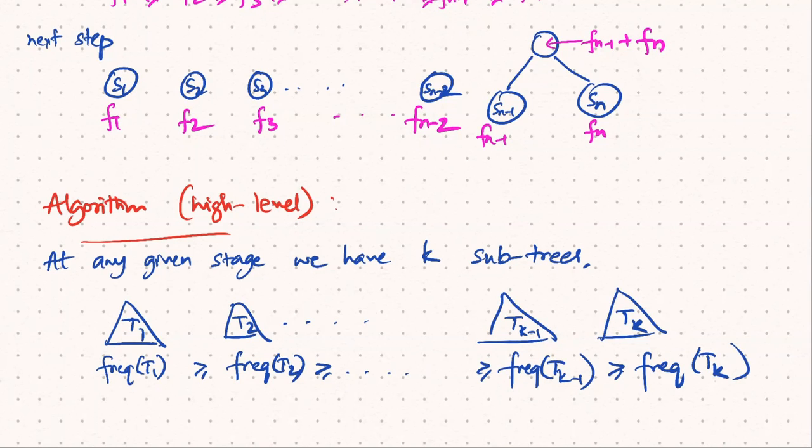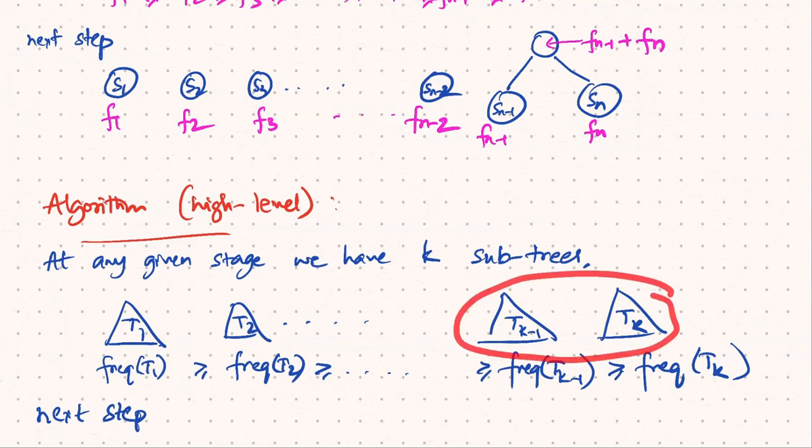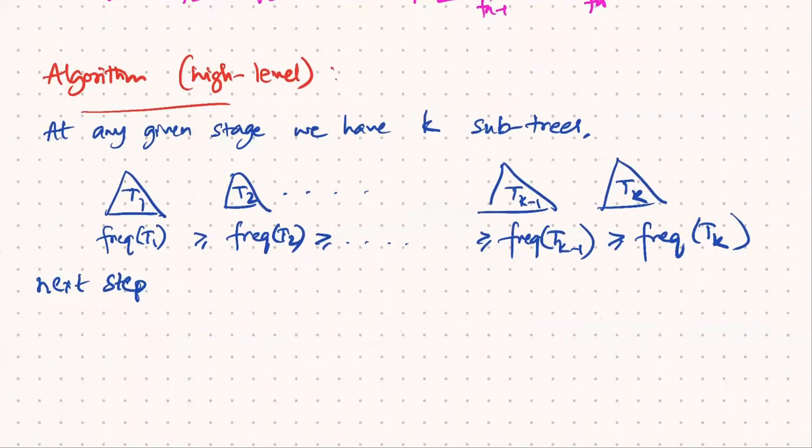So we have these k subtrees at any given step. And for the next step, what we do is we just take the two subtrees which have the least frequencies. So in this picture, it would be these two subtrees which are the lowest two frequencies. We take those two and we combine them in this way, Tk minus 1 and Tk.